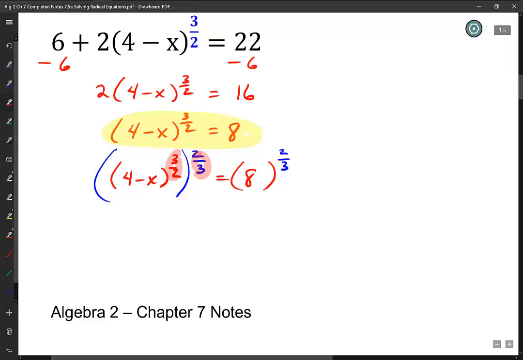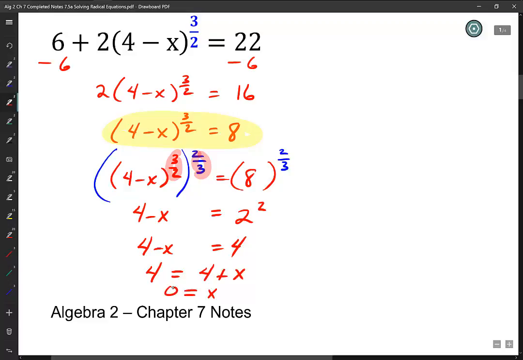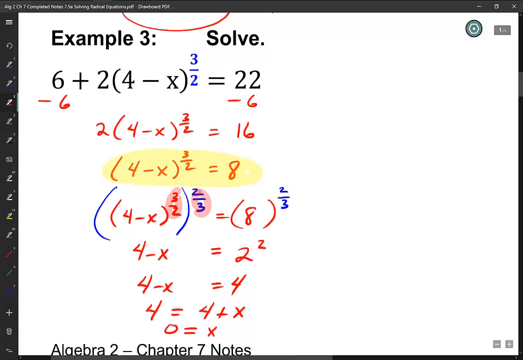That's going to leave us very simply with 4 minus x on the left. The cube root of 8 is 2. 2 squared is 4, so we have 4 minus x equals 4. I'm going to bring the x over to the right side, and that gives me 4 plus x equals 4, and I hope we then see x equals 0. Perfectly fine to get a 0 answer.